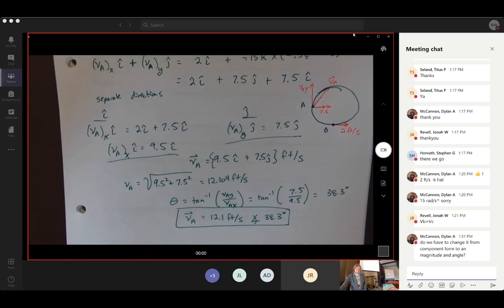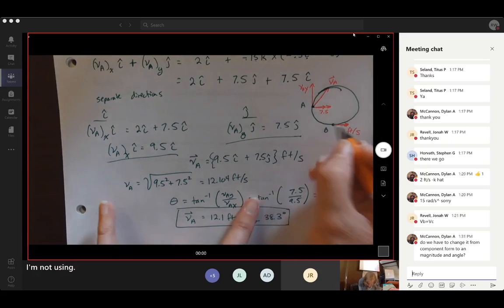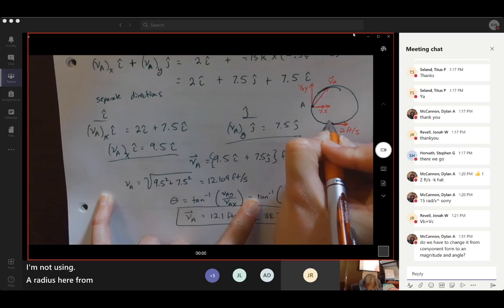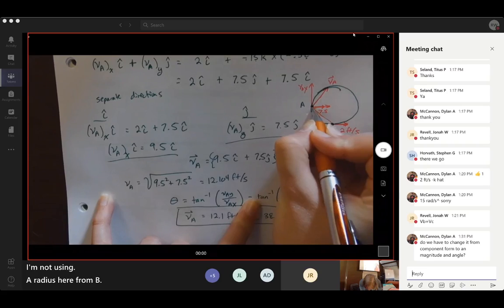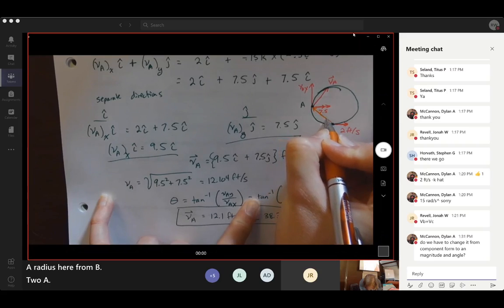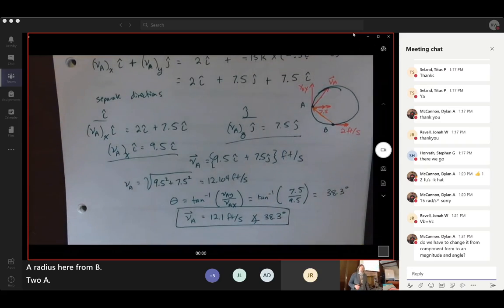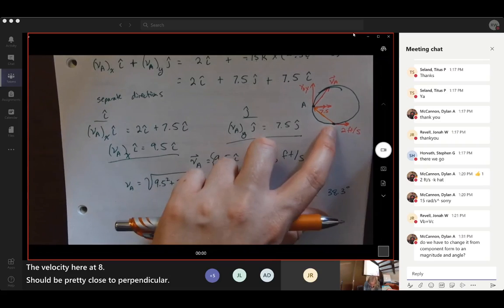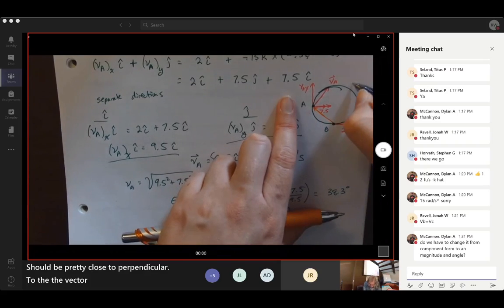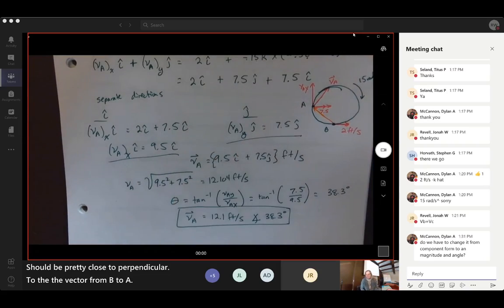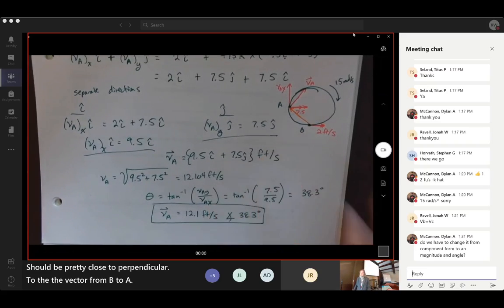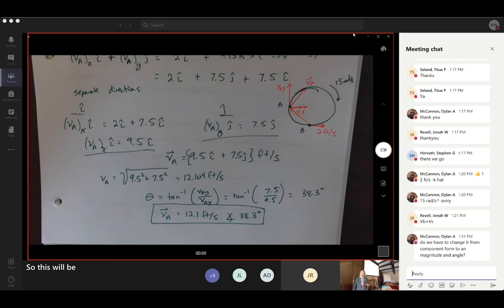And that's using a radius here from B to A. And so it turns out that the velocity here at A should be pretty close to perpendicular to the vector from B to A. Okay. So this will be important as we keep going.